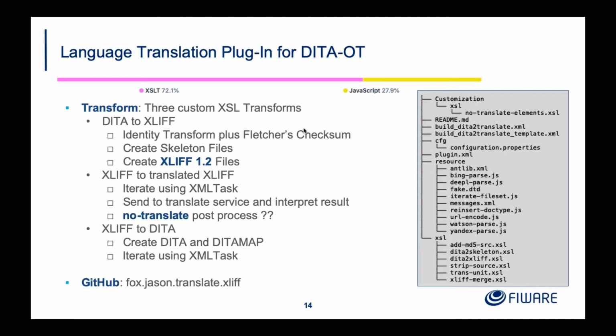XLiff stands for XML Localization Interchange File Format, and it defines how you need to build up your intermediate files plus a few unique numbers. I'll show the intermediate file first.